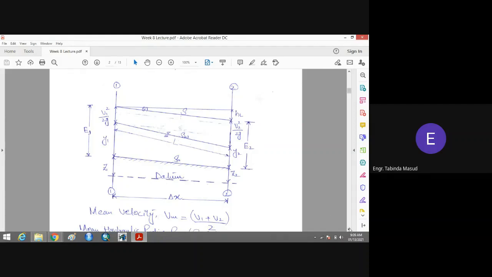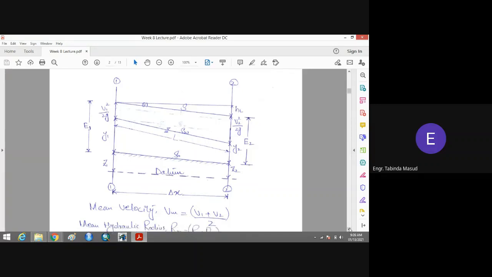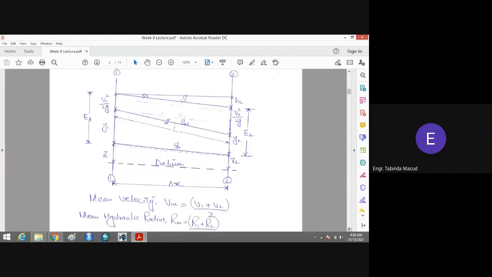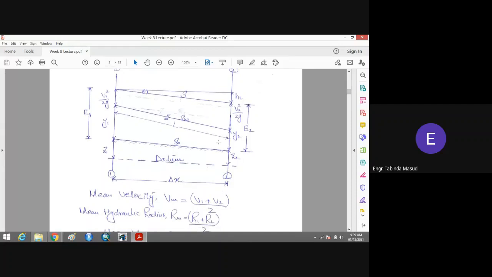Before going to the derivation of this method, first we will derive an equation for the slope of the energy line. If you remember, when we were discussing the Manning equation, the slope in the Manning formula is actually the slope of the energy line.